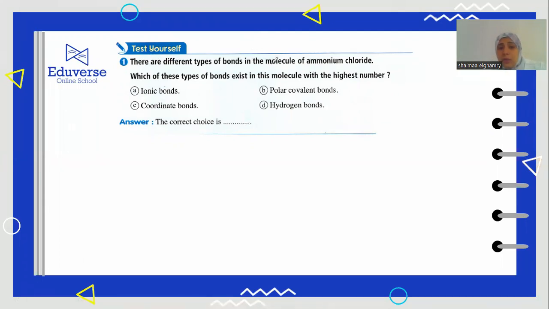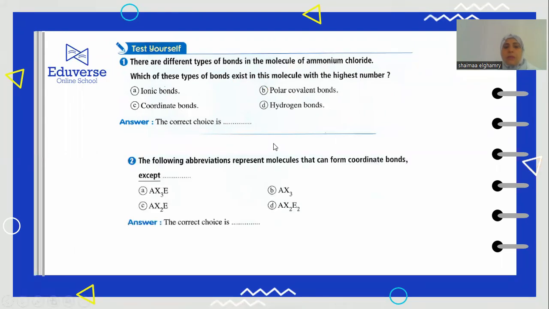Which of these types exists in this molecule with the highest number? We can see that it has 3 polar covalent bonds with hydrogen. So the polar covalent bond is found with the highest number.